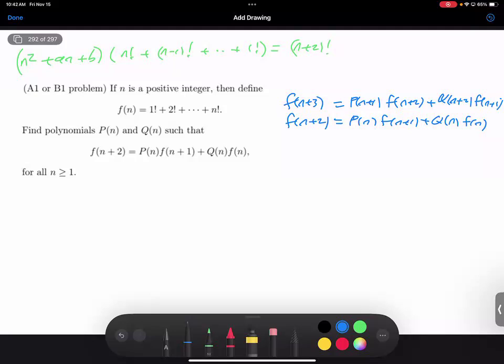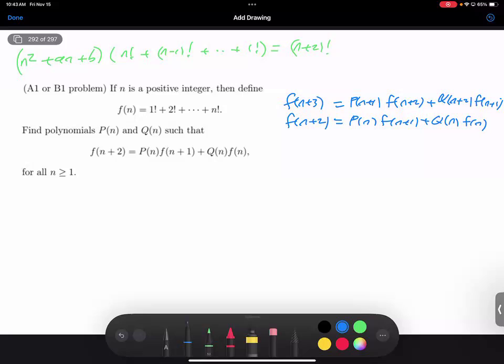It always makes me feel good when I hear something like that, maybe we're on the right track. So what could we do now to both sides? If we subtract, F_{n+3} minus F_{n+2} is going to be very nice. That would just be (n+3) factorial. Yeah.